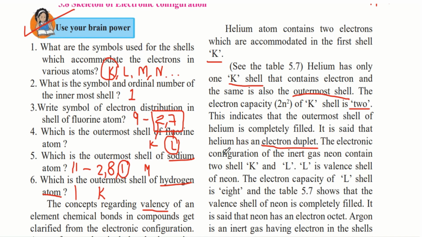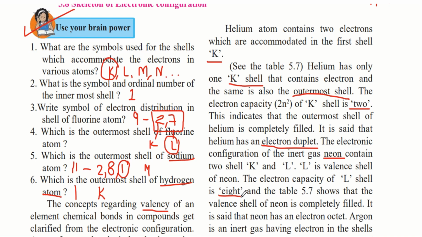The electronic configuration of the inert gas neon contains 2 shells, K and L. So neon is another gas and it has 2 shells K and L. L is the valence shell of neon. Valence shell is the outermost shell and here L is the valence shell. The electron capacity of L shell is 8 because now we have to do 2 into 2 square, which would be 8.